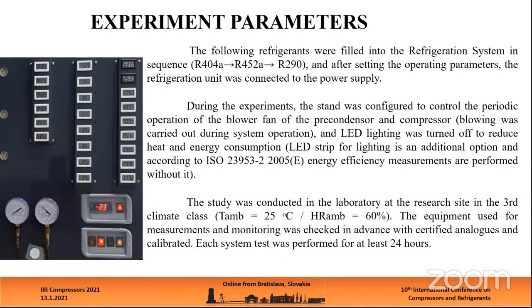The study was conducted in the laboratory at the research site in the third climate class. The equipment used for measurements and monitoring was checked in advance with certified analogs and calibrated. Each system test was performed for at least 24 hours.